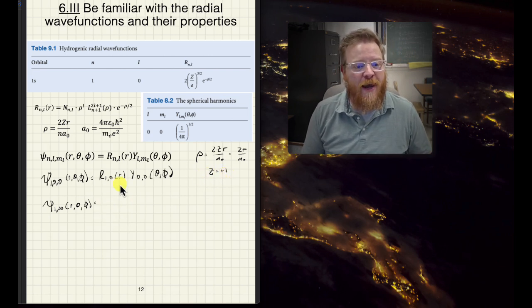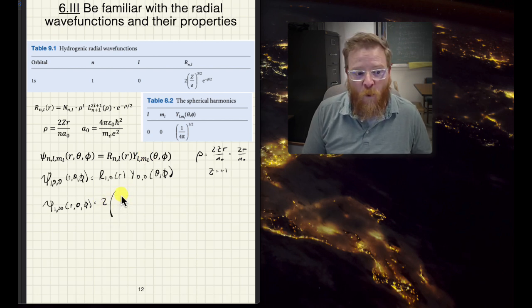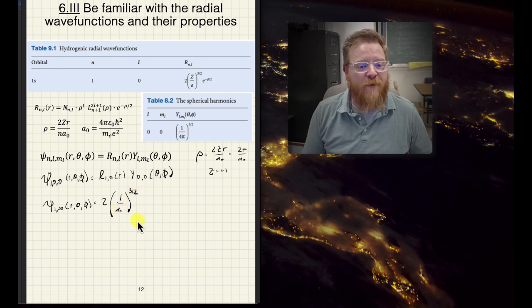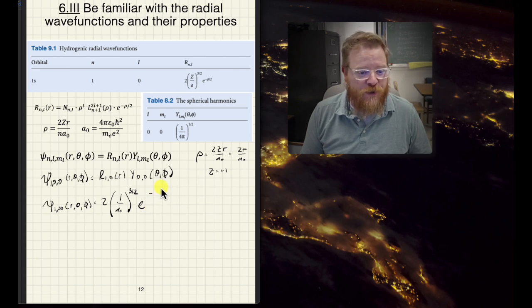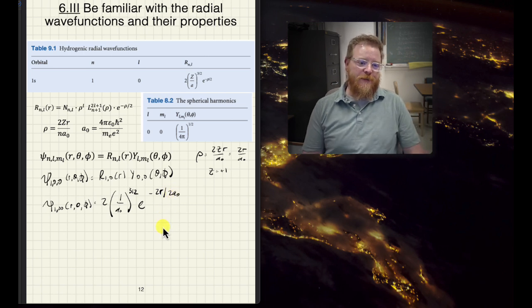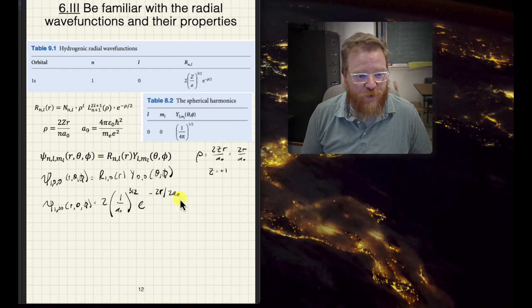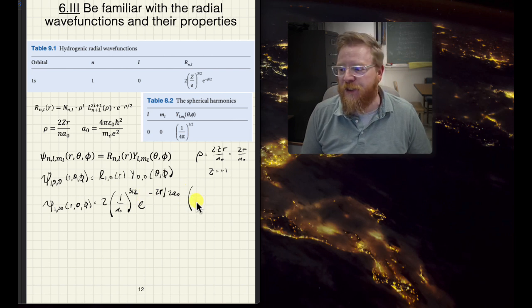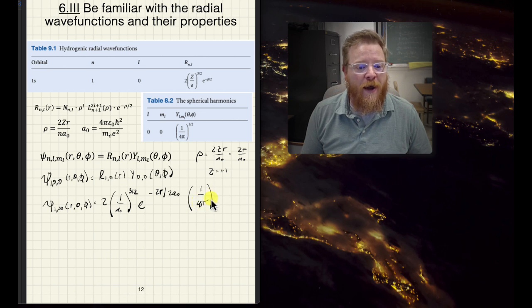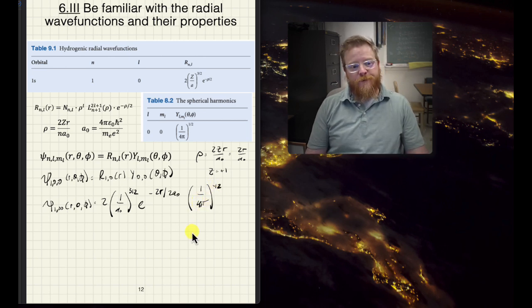So putting that together, we have 2 times, and I'm just going to replace the Z with 1, over a naught to the 3/2 power, and e to the negative rho divided by 2, which will be 2r over 2 times the Bohr radius. And that's our radial function, and then times the angular function, that's just 1 over 4 pi, all square root.